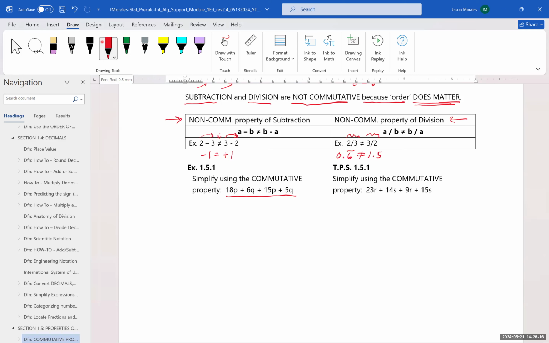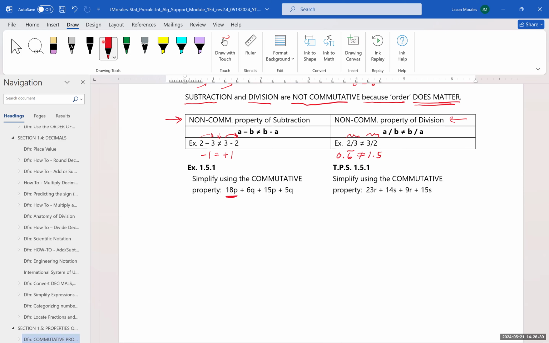We've got 18p plus 6q plus 15p plus 5q. What you'll notice right off the bat is that all of this is addition. So the order in which we add does not matter because addition is commutative. That comes in handy because we can look for like terms.